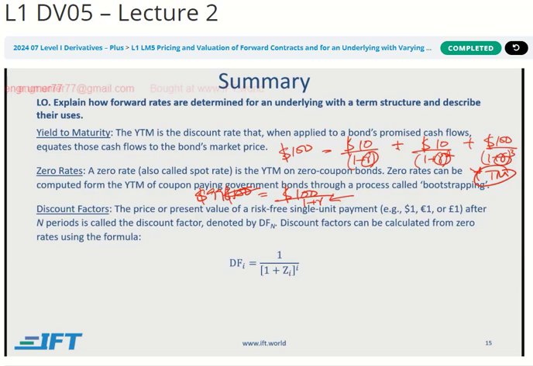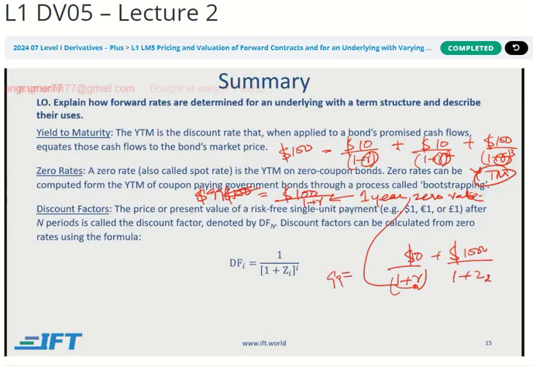So for example, let's say this is the 1 year zero rate that we calculated, and now we've got a 2-year bond which is paying $10 1 year from now, and then $100 after 2 years. So we can use the 1 year rate over here, and we can then calculate the zero coupon rate for the second one by equating it to the present value.